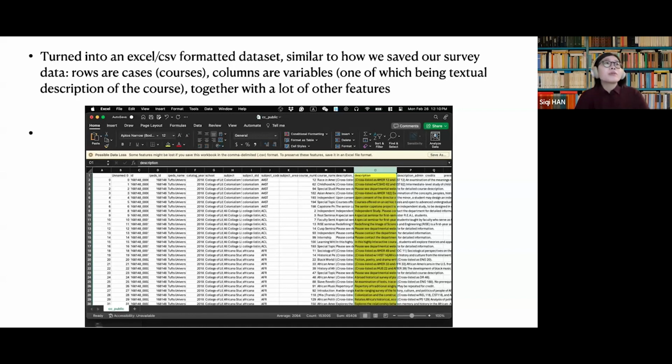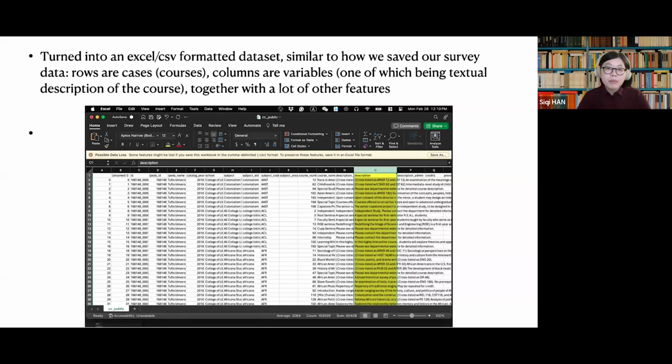So there are other features for every course. For example, the school's name, Tufts University, which here it is, the school, the faculty, the subject, and subject code, and so on. Course name, credit, prerequisite, and so on. So we tried to keep as many features as we could keep, as shown in their web pages.